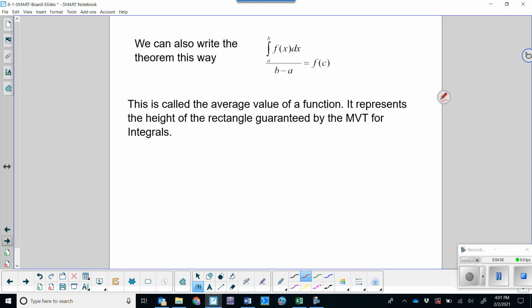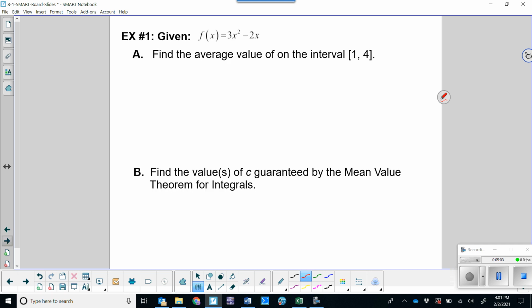And so it can also be written where you literally just write the integral over b minus a, and it equals f of c. So again, it represents the height of that rectangle for that mean value theorem for integrals. Okay, so mainly we just need to be able to use it. Find the average value on the interval from 1 to 4.